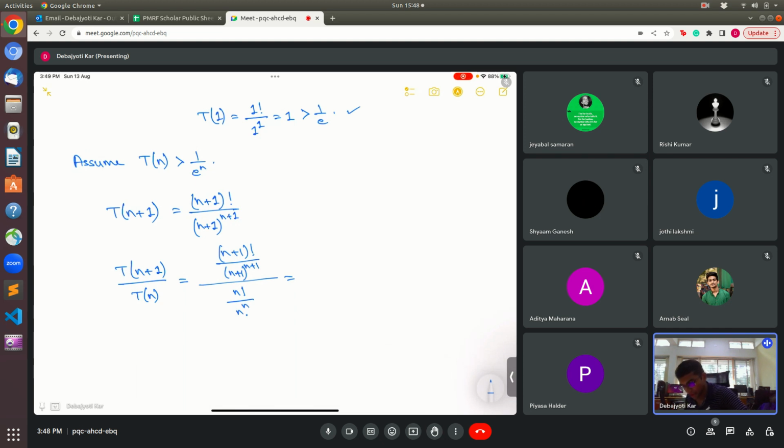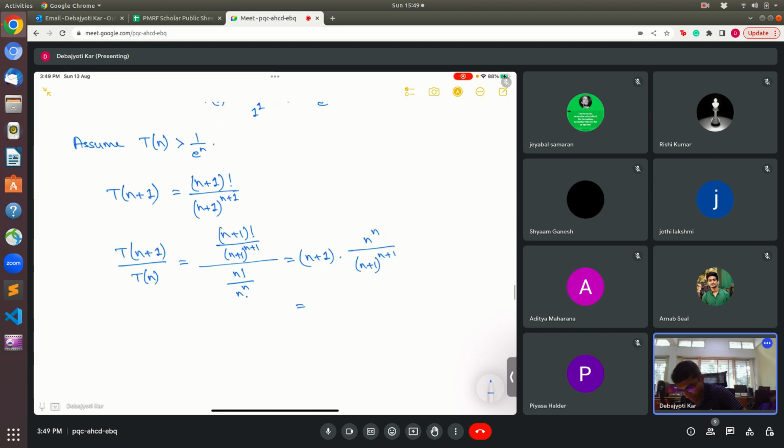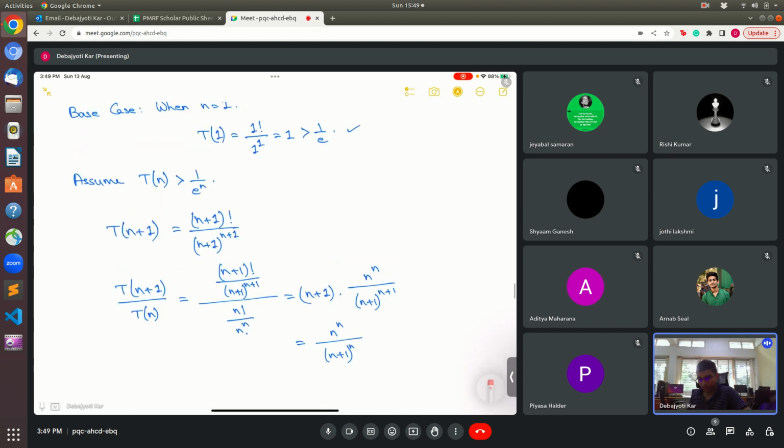If we try to simplify, we get this thing: the ratio Tn plus 1 by Tn comes out to be equal to n by n plus 1 whole to the power n.